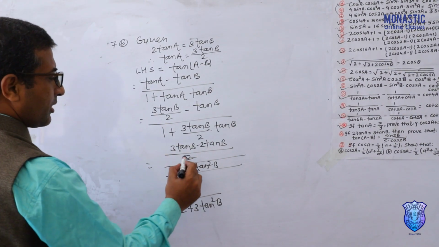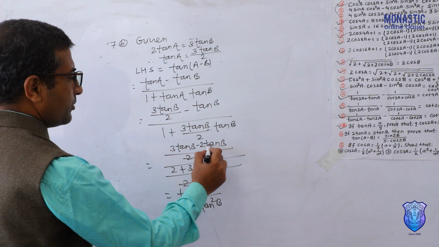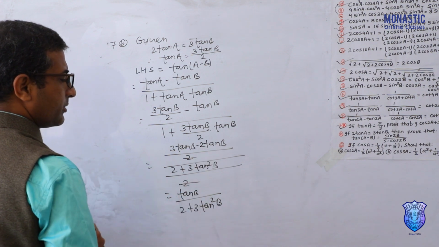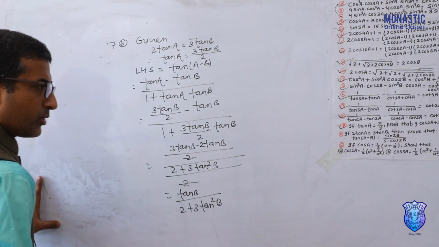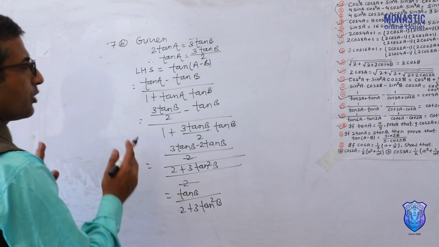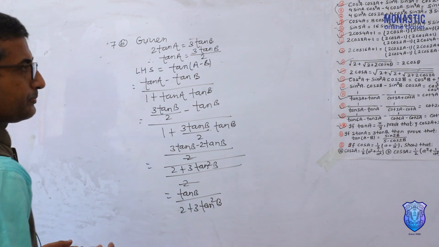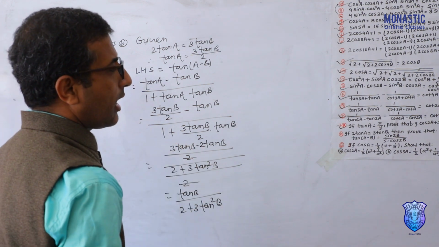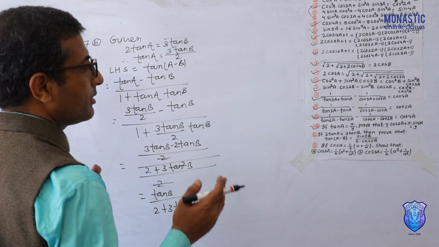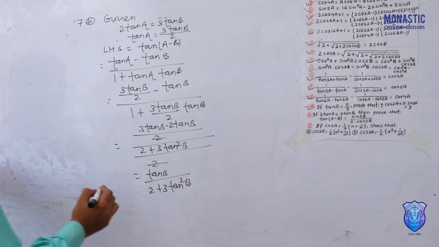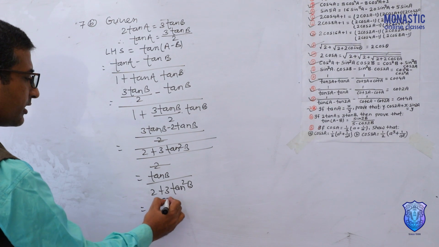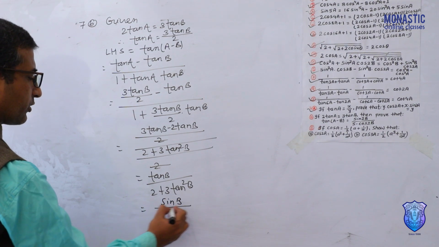Here, 3 tan B minus 2 tan B is tan B, and in denominator it is 2 plus 3 tan square B. So what we obtained, when we look in RHS, we want the result in sine and cos. Here it is in tan. Now convert tan into sine and cos.